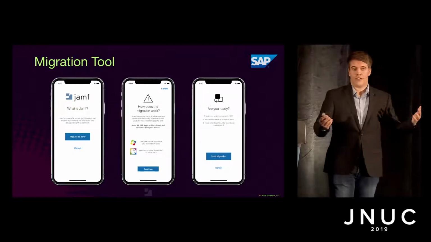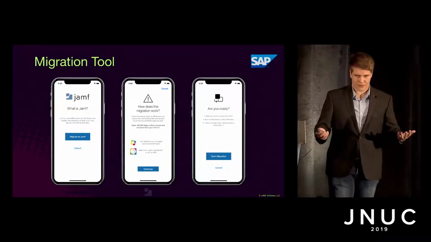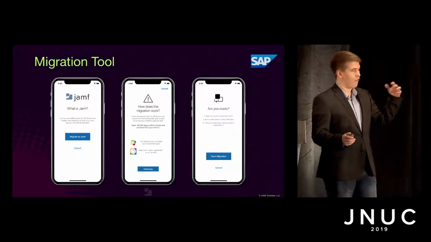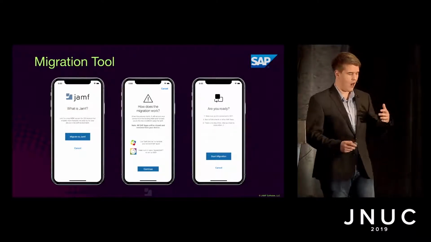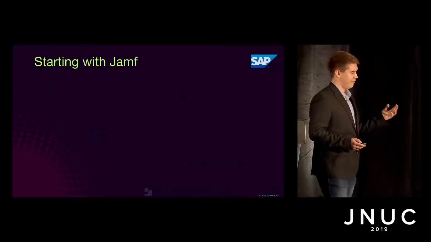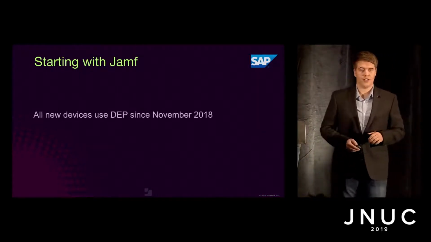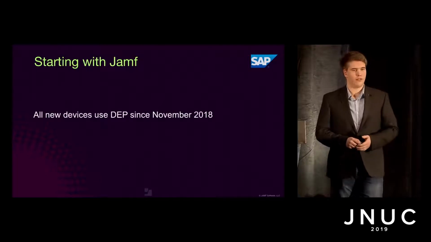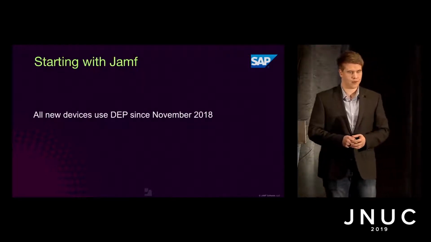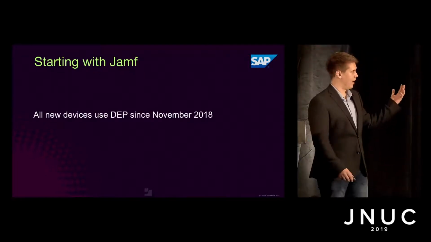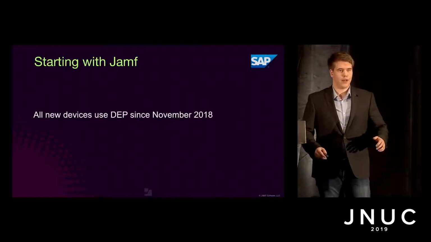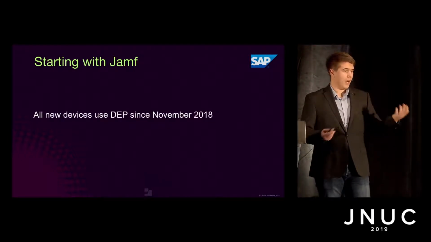So now our users have their device finally in Jamf. That's cool. From an IT perspective, how did we start with Jamf? Well, the first thing that we did in November 2018 is enable DEP for every new device that came into the company. So everyone who ordered a new iPhone after November was automatically enrolled in Jamf.